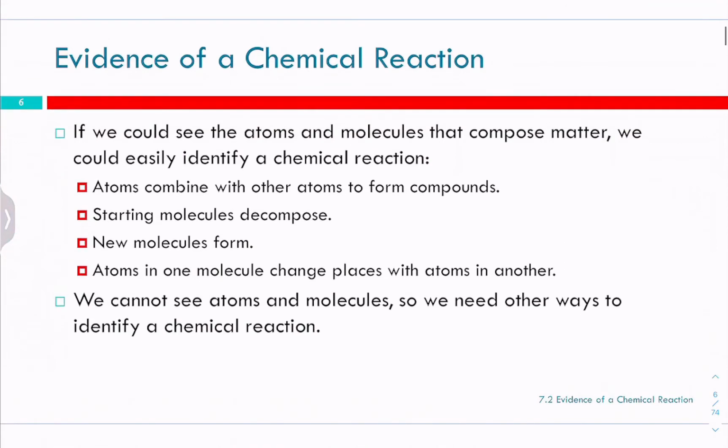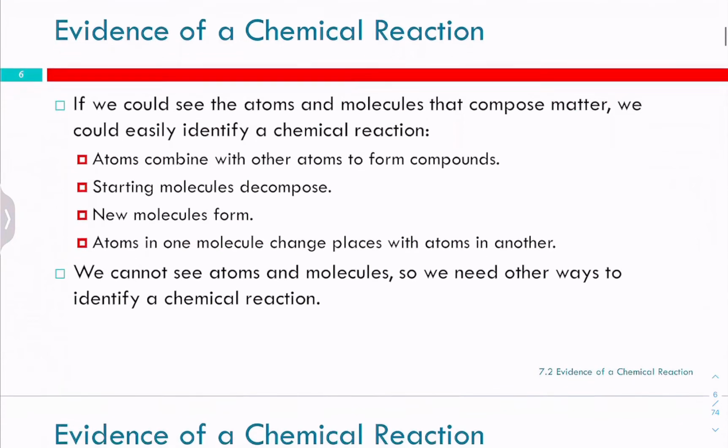A lot of chemical reactions have evidence that something is happening other than two things mixing. You can put salt into water, and while it's a little bit debatable, that is not a chemical reaction, right? It's just mixing. But when we have an actual chemical reaction, it's the atoms and molecules that compose matter coming apart and rearranging to form new atoms and molecules.